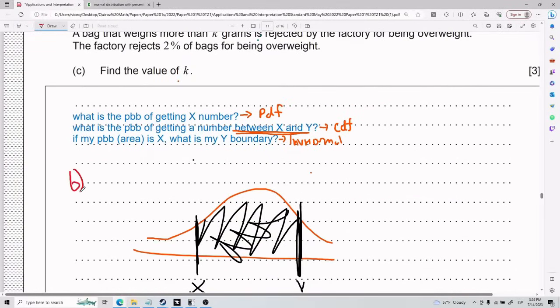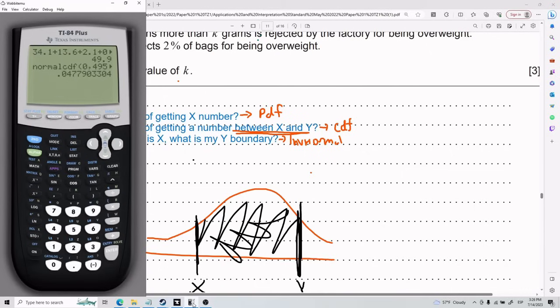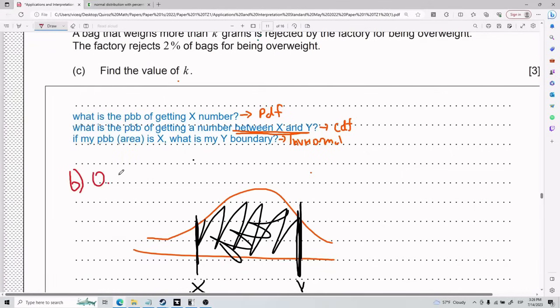For part B, we found 0.0477903, which in significant figures is 0.0478, which in percent will be 4.78%.